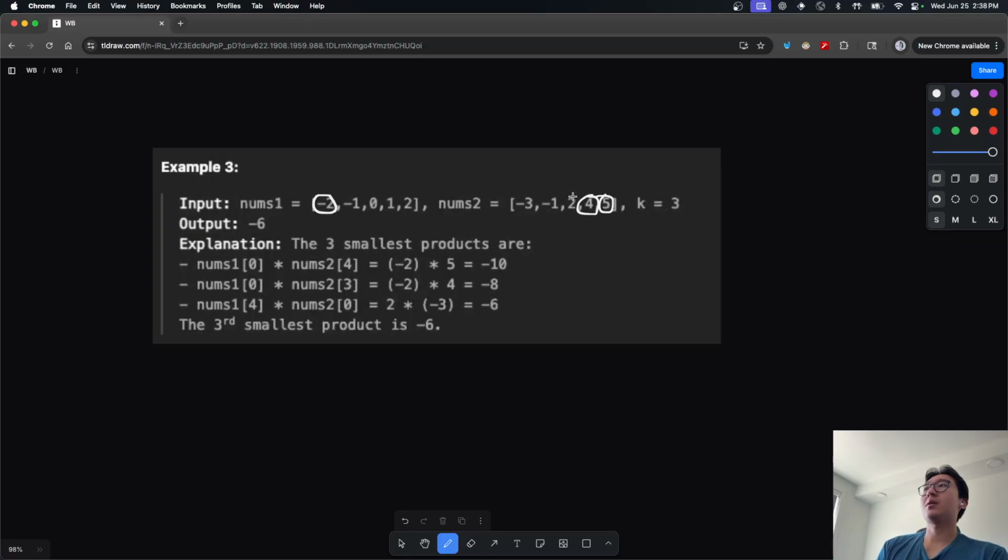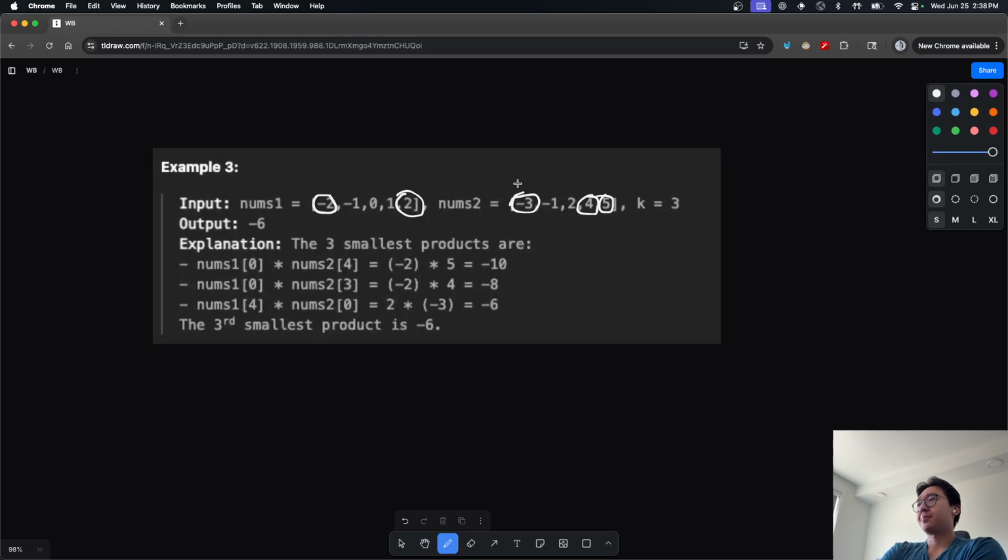That gives 4. But we actually don't want that. We want to do 2 and multiply with -3. How can we make this switch? How can we make this decision to move from -2 to 2 and move from 2 to -3?